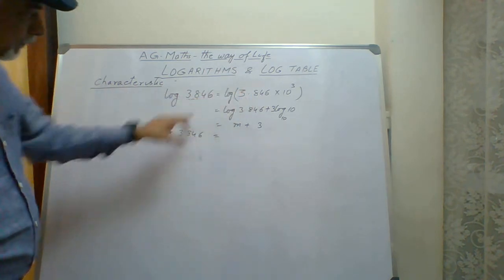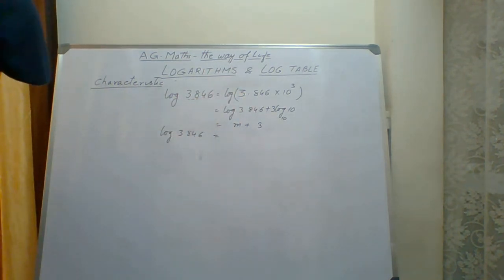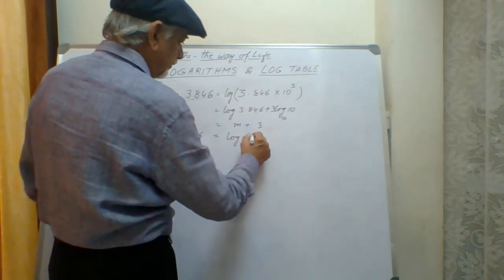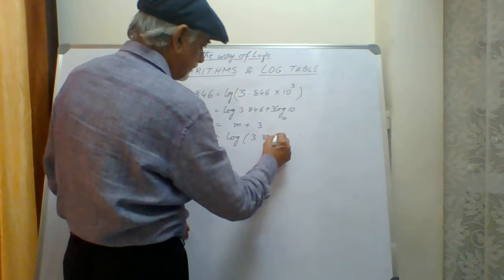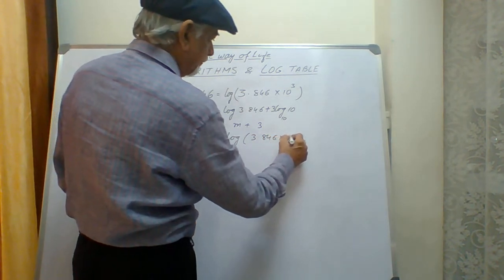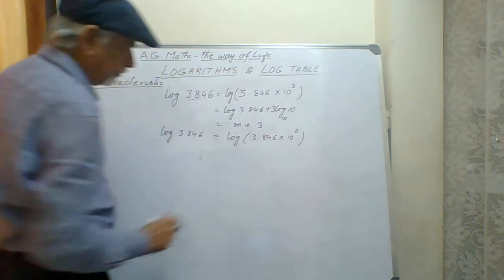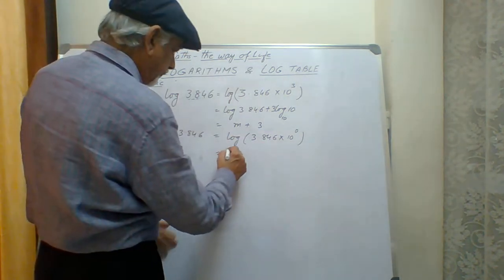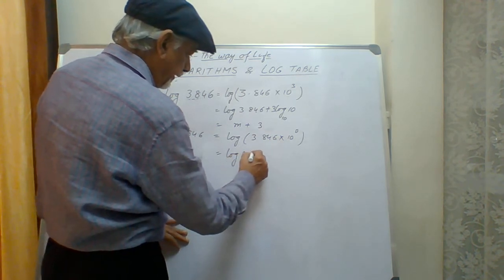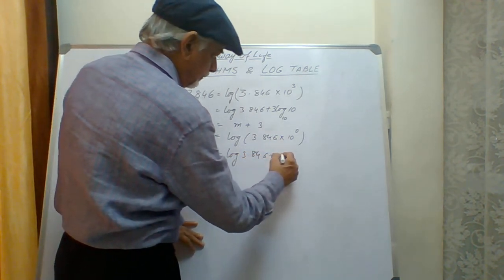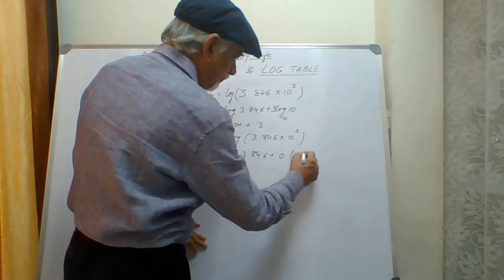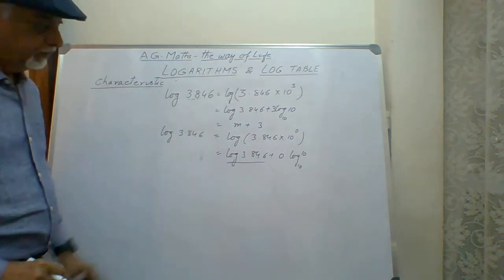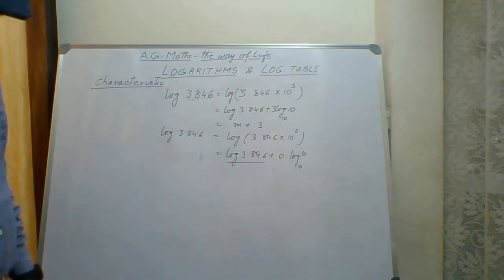Or in this shape, I can write 3.846 into 10 to the power 0. 10 power 0 means multiplication by 1. Then as per the product rule, it can be broken down as log of 3.846 plus 0 into log of 10 base 10, which is again 0. So only this much remains. So this can be written in this shape.